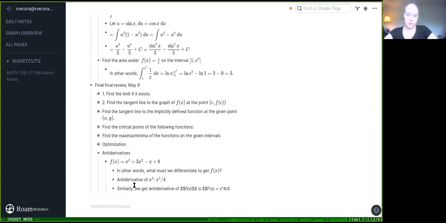So x to the 4th over 4 plus x cubed minus x squared over 2 plus 8x. And I would be well within my rights to stop here. I want to emphasize this because typically when you do an integral, you put a plus c at the end of it. So what is that plus c? We call that the constant of integration.